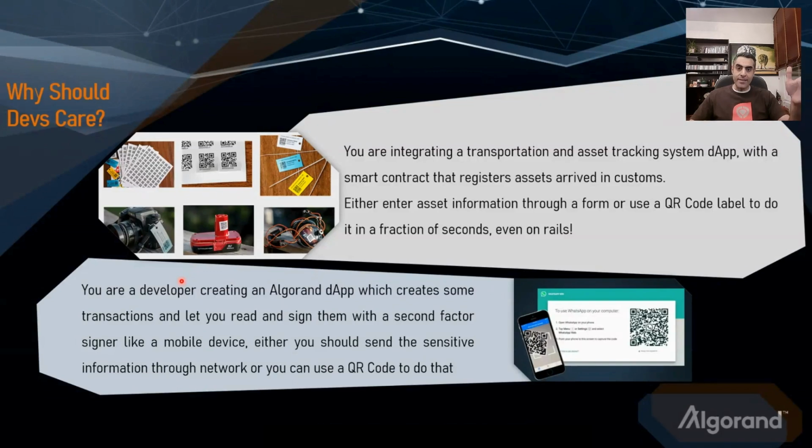And per asset, you can either enter all of the information that describes that asset via a form, a traditional format that used to run in custom processes, or you can do it with a QR code.